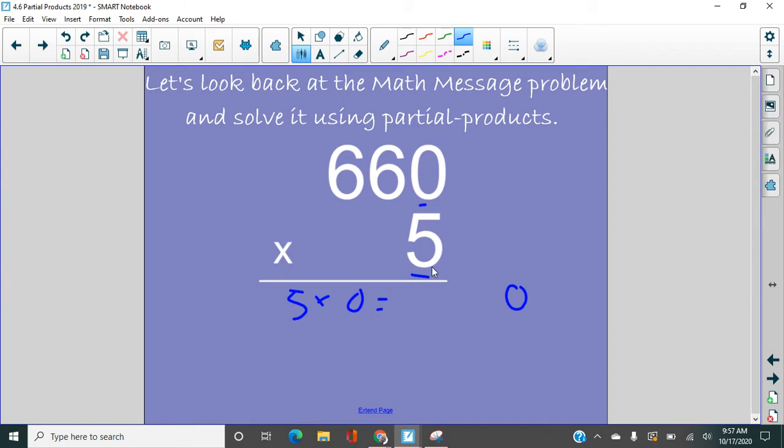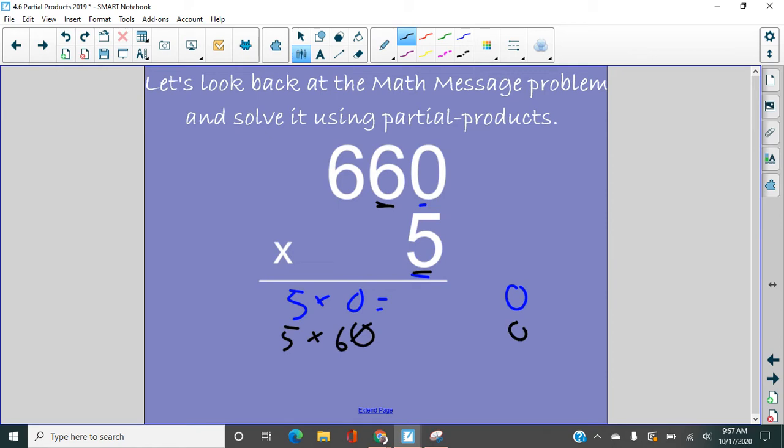So the first part was 5 times 0. Now we're going to do 5 times not 6, 5 times 60, right? This 6 is worth 60. So 5 times 60 equals, cross off the 0, 300.